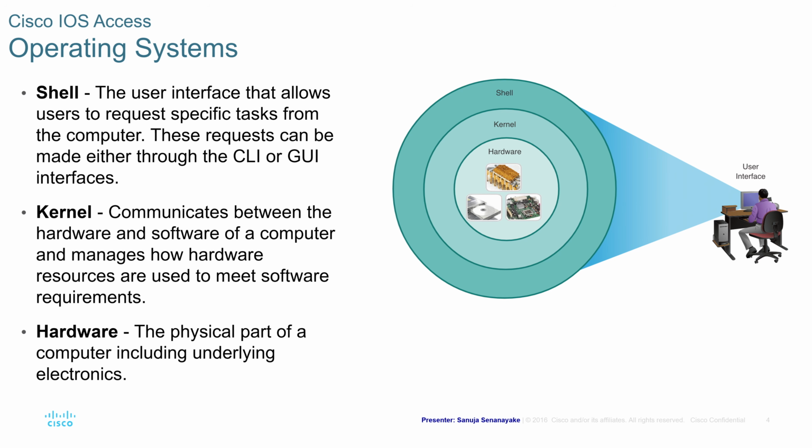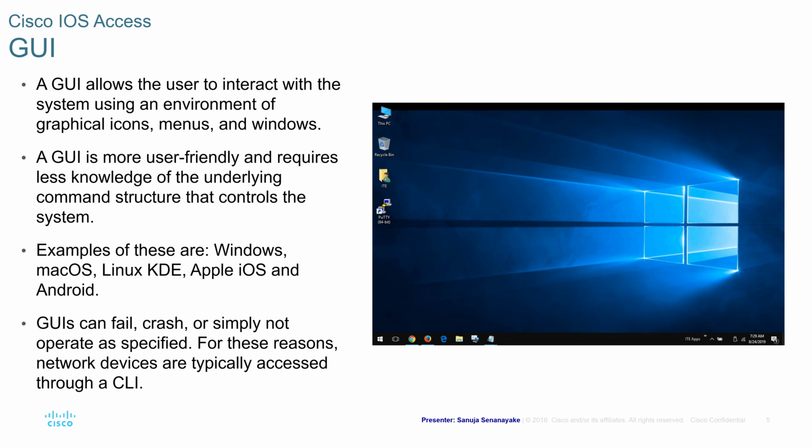So let's look at what is a GUI. A GUI allows the user to interact with the system using an environment of graphical icons, menus, and windows. A GUI is more user-friendly and requires less knowledge of the underlying command structure that controls the system.